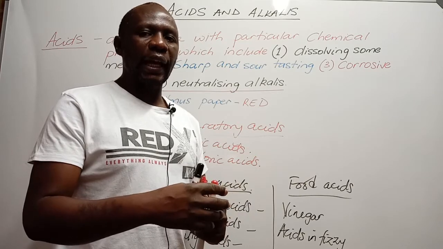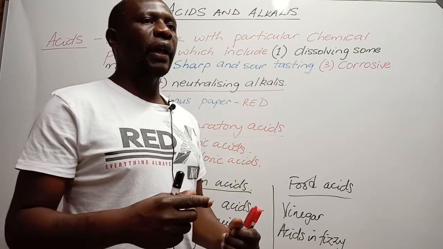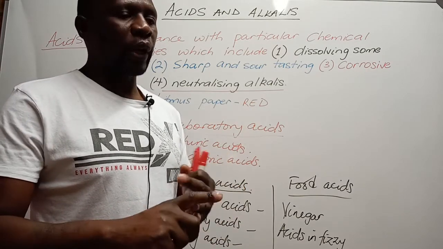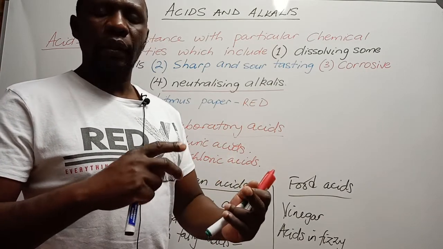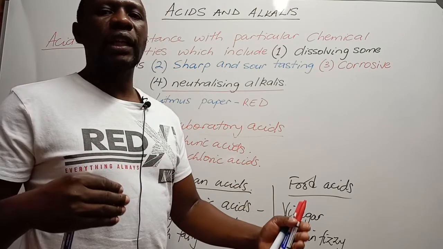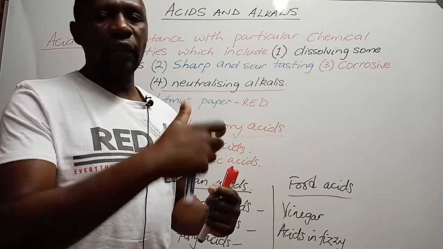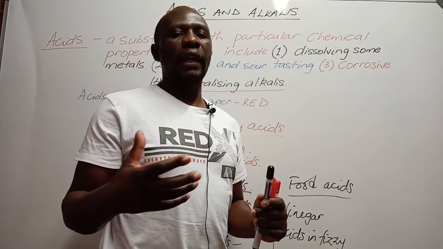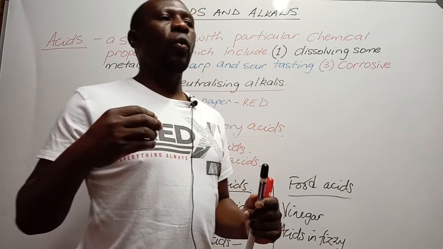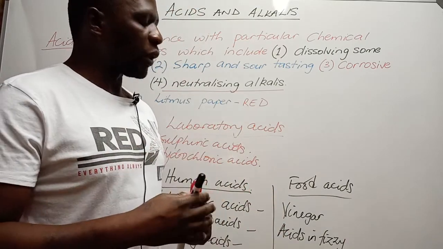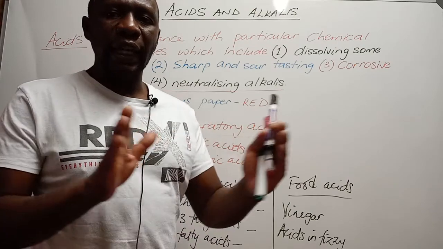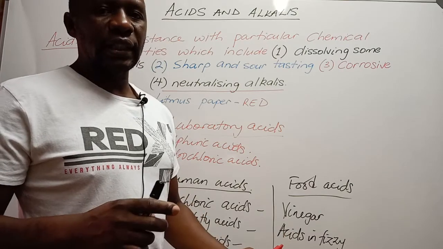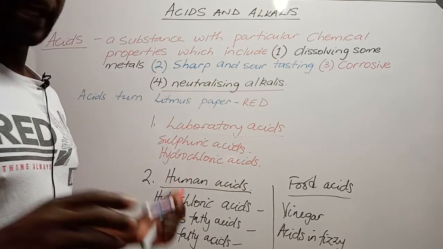These acids are added in, and they play the role of preserving the flavor as well as preserving the fizzy drink itself. That is why, if you check around the container of a fizzy drink, there will be an expiry date. What has been added in order to create that long life for the fizzy drink are acids. So this is how important acids are.